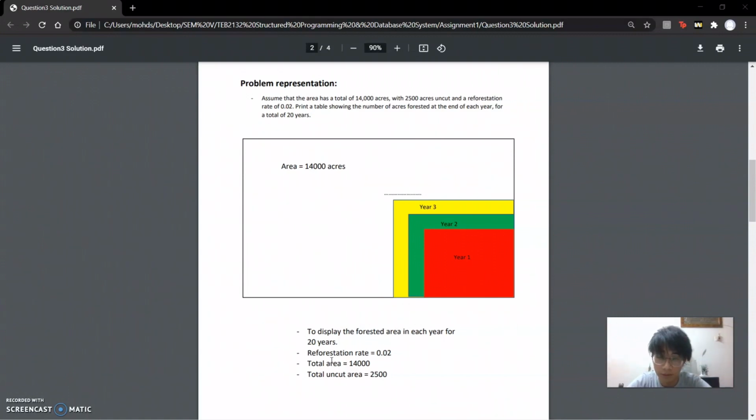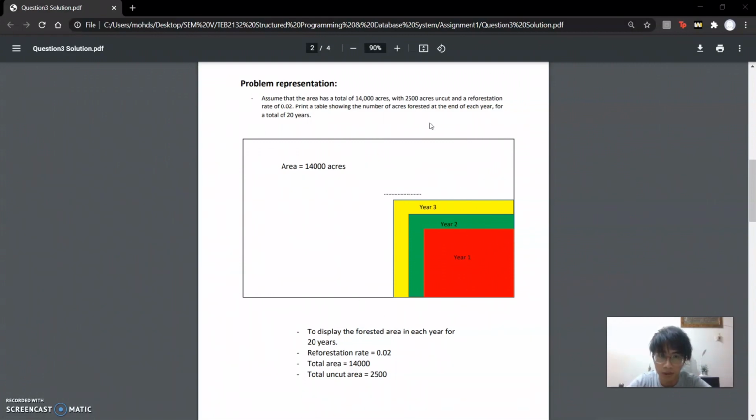And the question given, reforestation rate is at 0.02, or also means that it is 2%, and the total area given of the forest is 14,000 acres, and the total uncut area is 2,500 acres. So this is how the question looks like, but in practically.